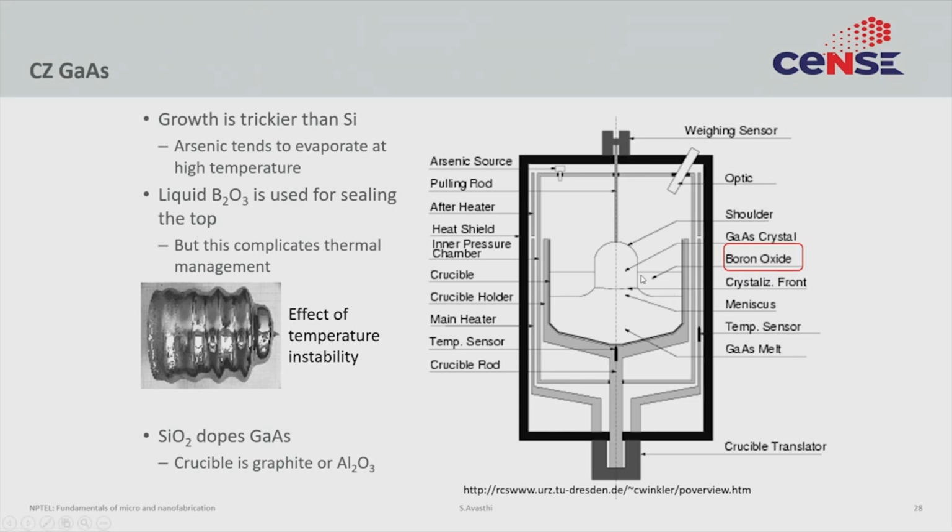Because of this capping layer, there is a thermal instability, and the thermal instability leads to an instability in the area. So, the area of the ingot keeps changing. So, you form these wavy sort of ingots, and that too not of extremely high quality. This is the reason why gallium arsenide often is not made using Czochralski. There is a competing method that we will discuss in the next slide that is often used.